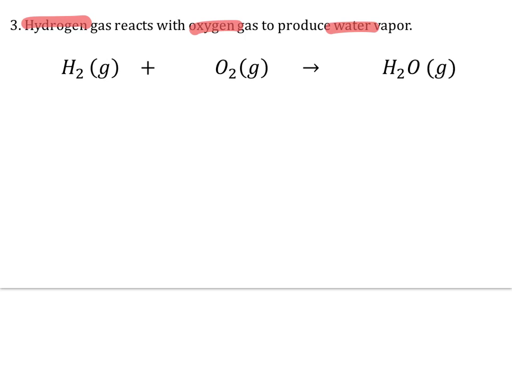Now let's think about the next piece of this, which is the balancing piece. We're going to take a visual look at what this chemical equation is actually telling me. We're going to start with this last one we did. So we've got the hydrogen, oxygen to produce water vapor. If I have something that says H2, H2 is a diatomic element.